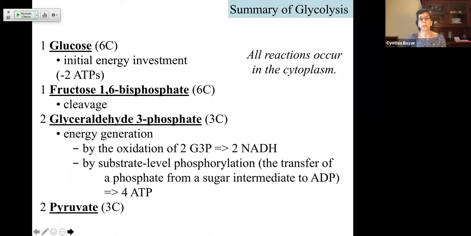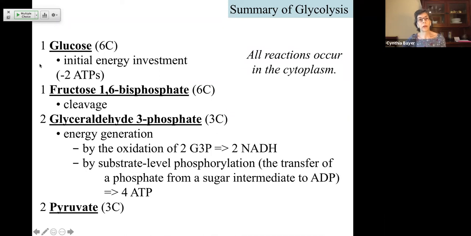The enzyme is listed, but what I really want you to know is what are the substrates and products. I don't expect you to memorize their structures, but if you follow the carbons and if you remember the chemical change that's occurring, then you should be able to follow all of the steps of glycolysis.